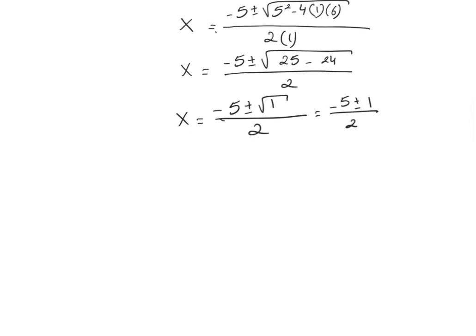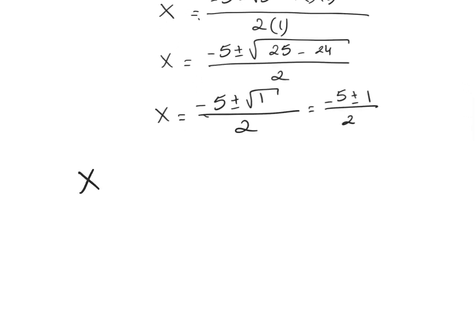As we can see, we have two solutions. The first solution is negative 5 minus 1 over 2, which is negative 6 over 2, and that is negative 3.